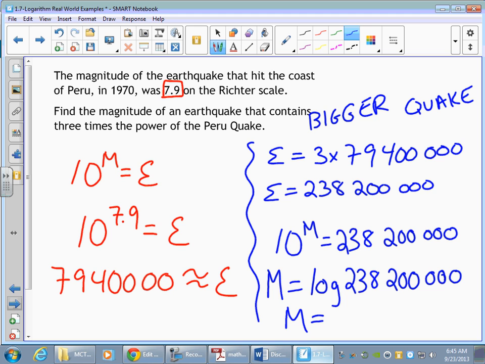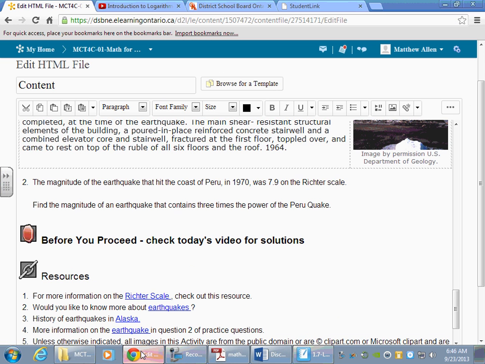And when I fire this off, I get approximately 8.4 on my Richter scale. So that's going through little practice exercises.